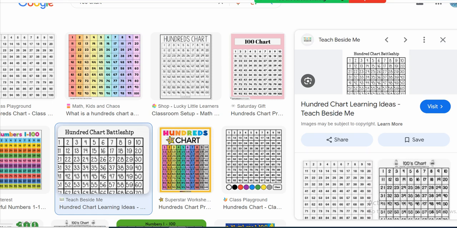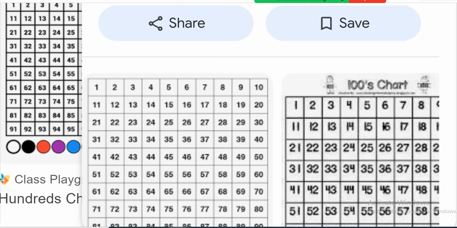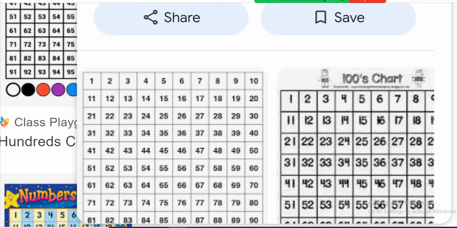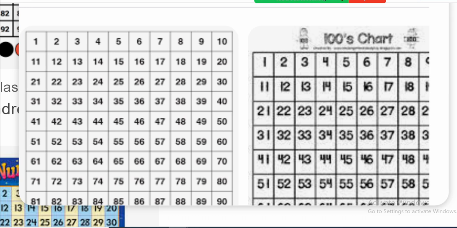This chart. Okay, this is what I wanted to show you, that it is a hundreds chart.